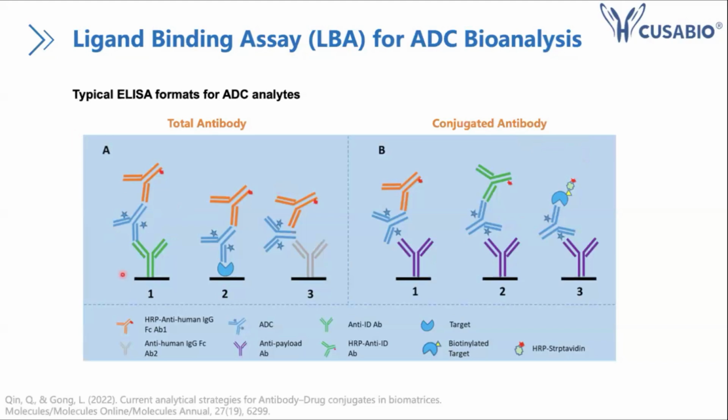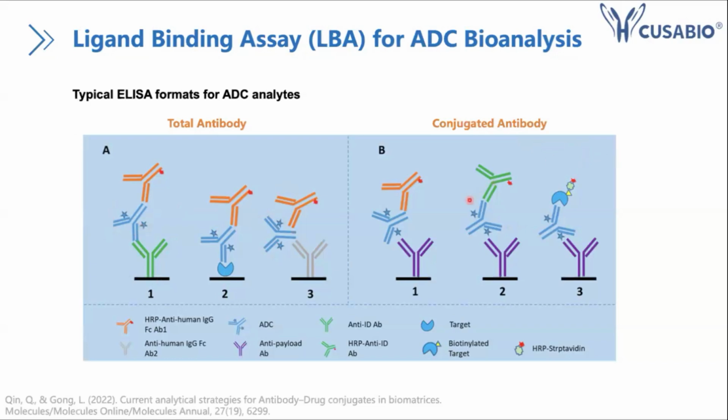As you see for the total antibody, for this assay we care about the antibody portion of the ADC. So no matter what capture reagent we use, we always try to capture the antibody. No matter whether it's naked antibody or conjugated antibody, we care about the antibody portion.